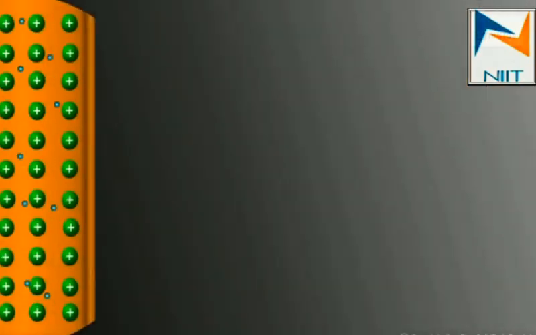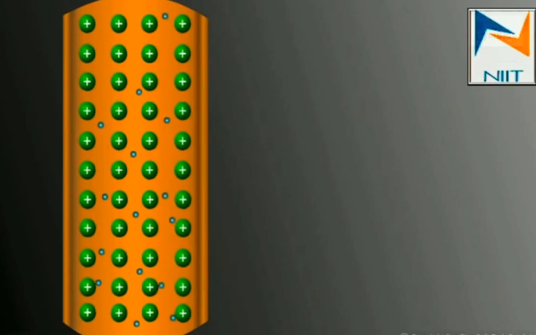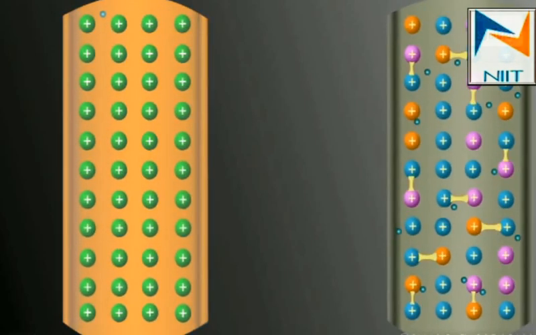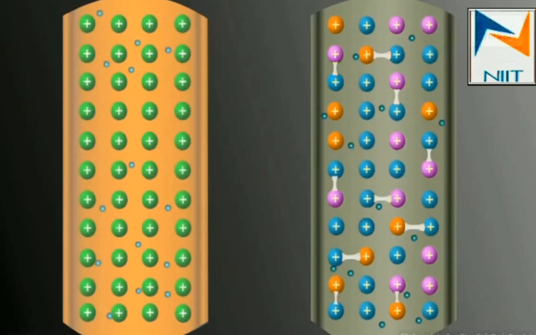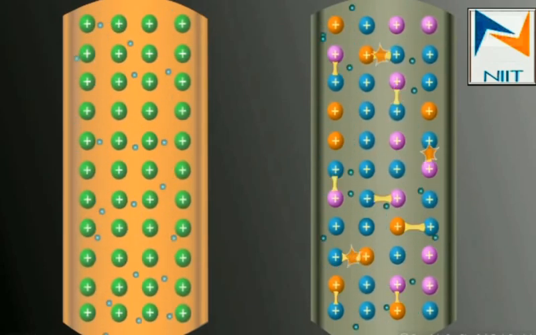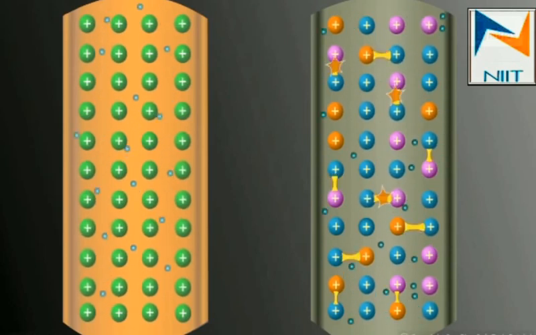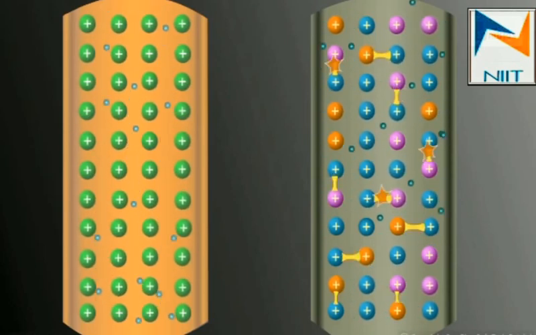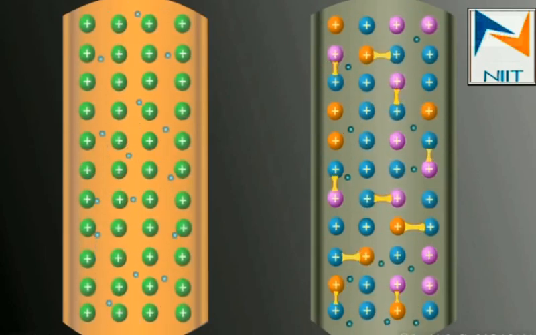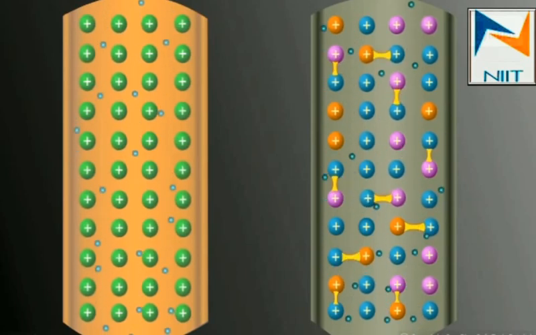So, when the current is passed, the electrons in copper flow easily, and a few of them collide with the vibrating ions. In nichrome, the electrons cannot move ahead easily, as they are resisted by the bonds. Most of these moving electrons collide with the vibrating positive ions.